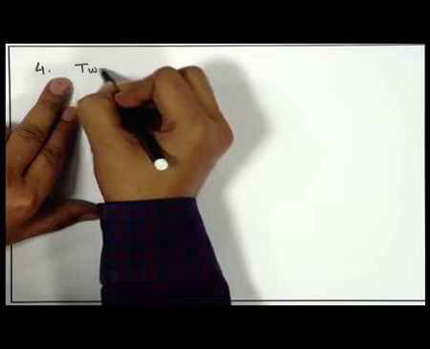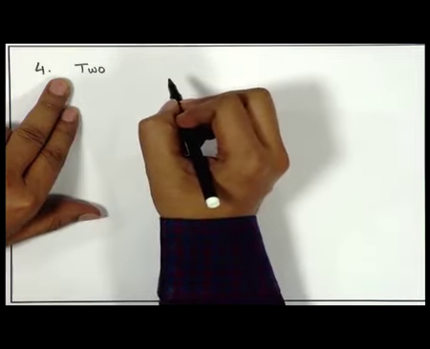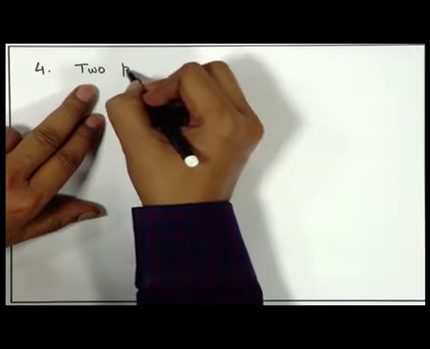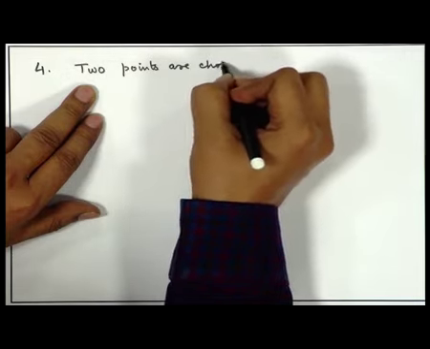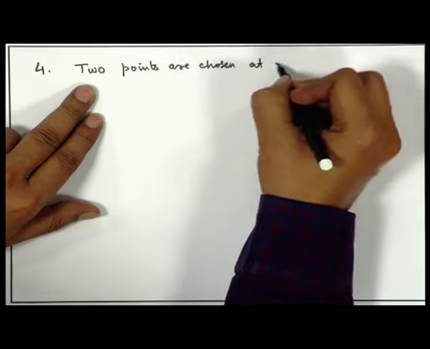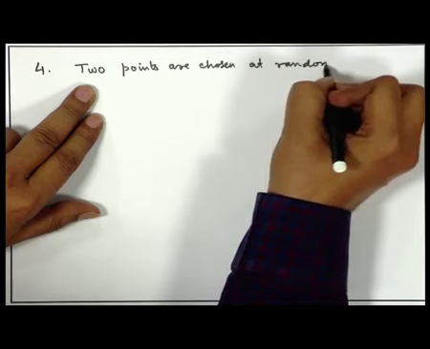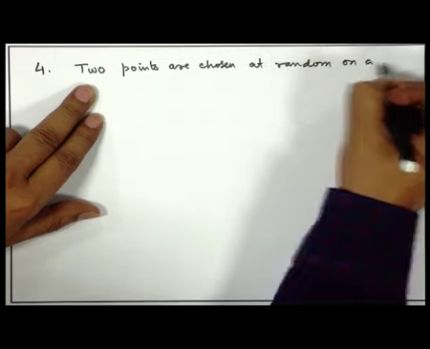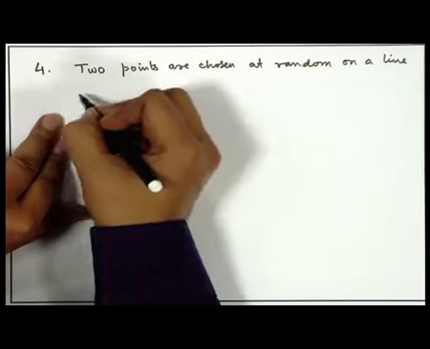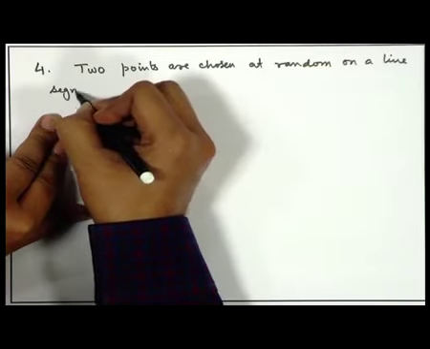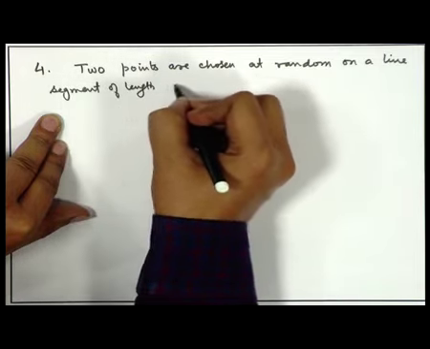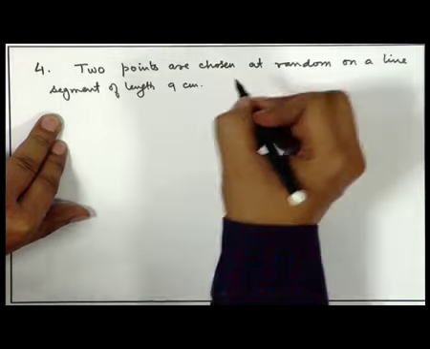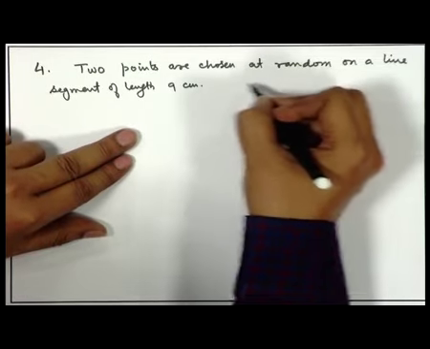Let me give one example in which some sort of geometric argument is used. Two points are chosen at random on a line segment of length 9 centimeter. So, there is a line segment.